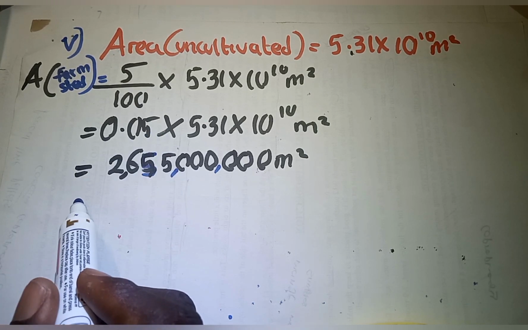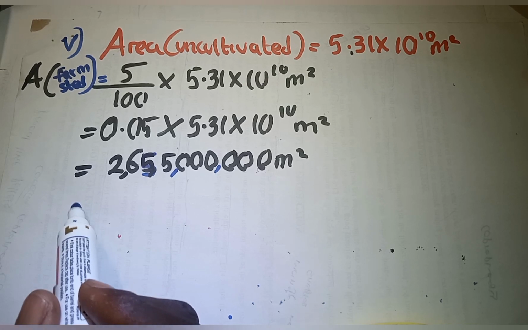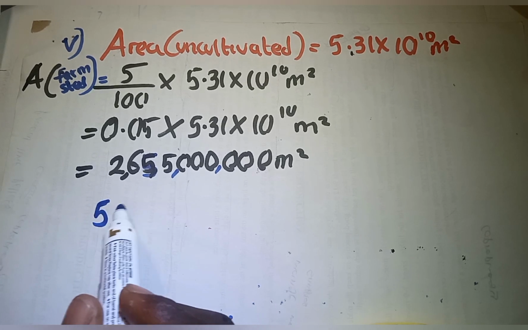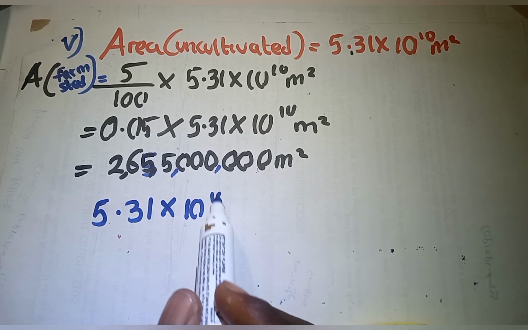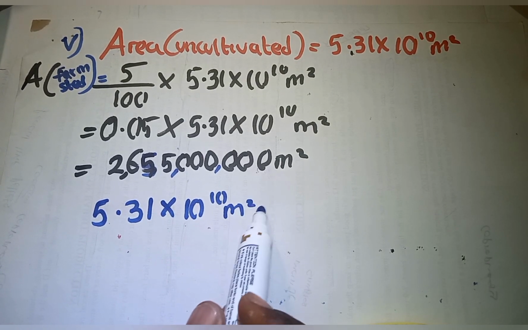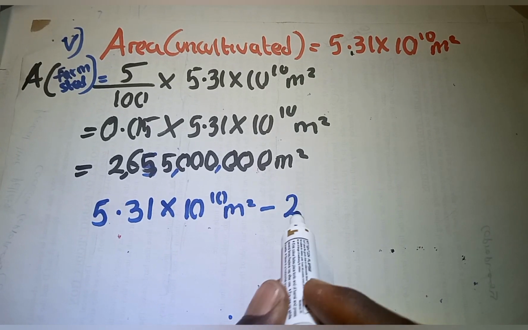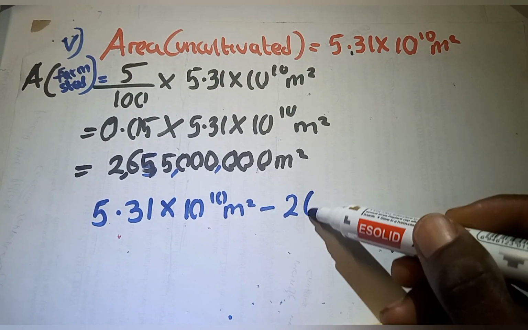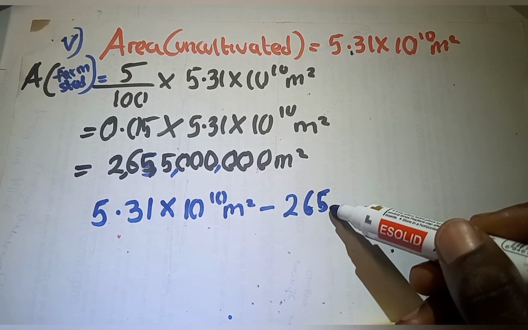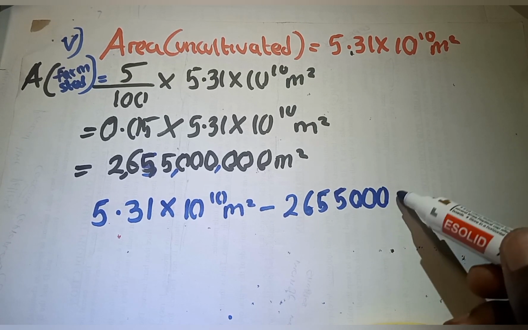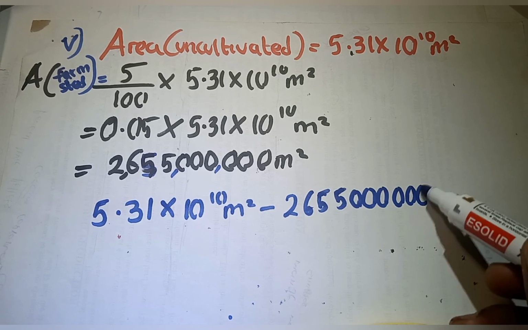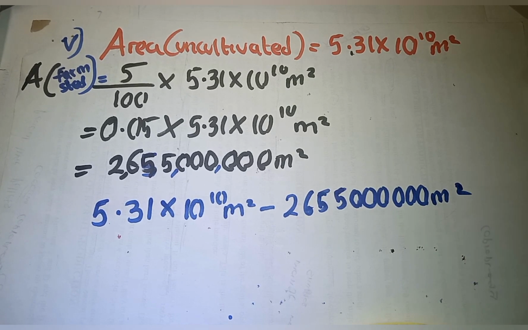So I'm going to be having the total uncultivated land, 5.31 times 10 raised to the power of 10 meter square, minus 2.655 times 10 to the power of 9 meter square.